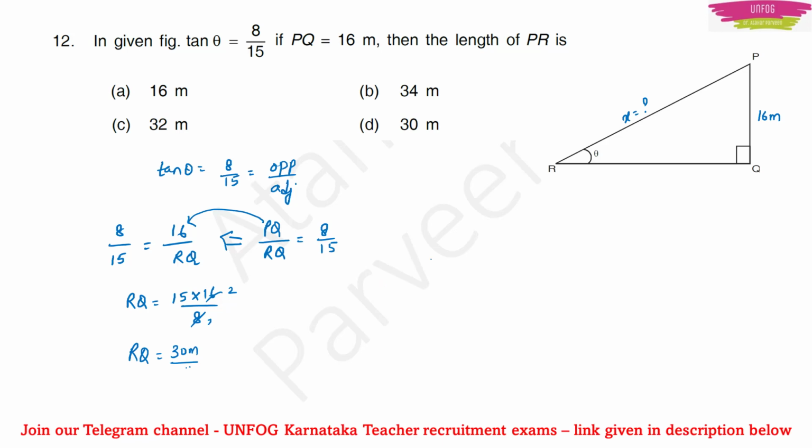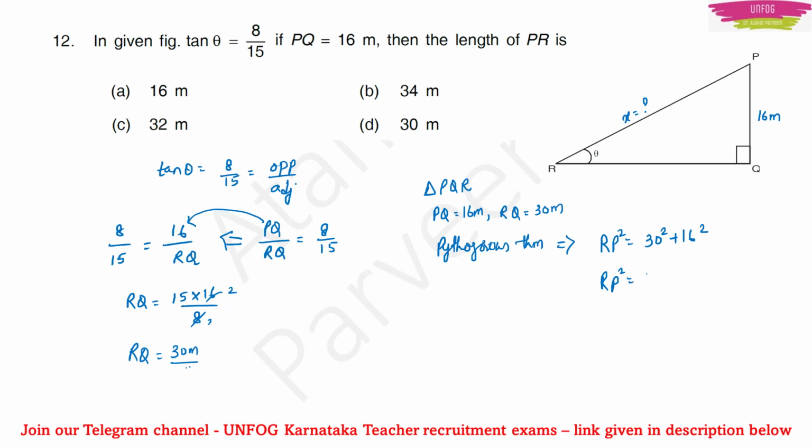Now what I will do? I will take triangle PQR, and here I have PQ which is already given, and RQ I have found which is 30 meter. Now I can easily find RP or X, right? Because of the hypotenuse, I will apply the Pythagoras theorem. So if I apply Pythagoras theorem, I can easily say that RP square is equal to 30 square plus 16 square. Correct?